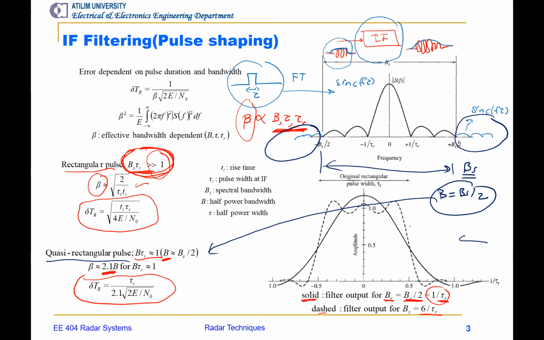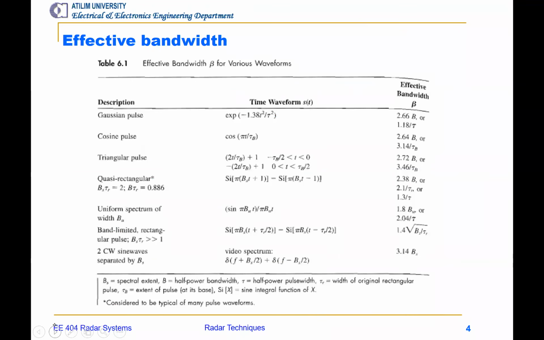Okay? So now we can think about which waveforms will be more appropriate for reducing RMS error in range. Here is a list: Gaussian pulse, cosine pulse, triangular pulse, each with a time waveform shown here, and the effective bandwidth right here.